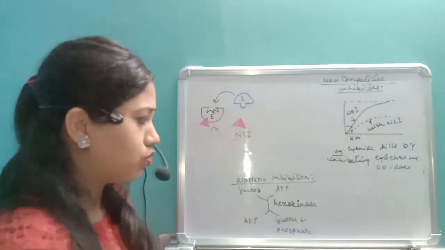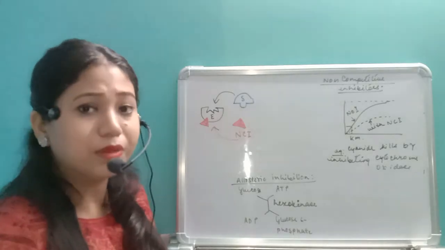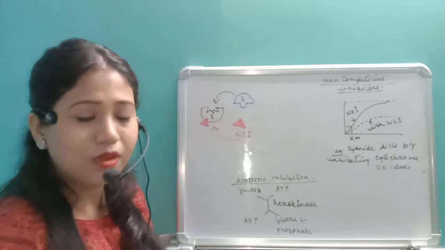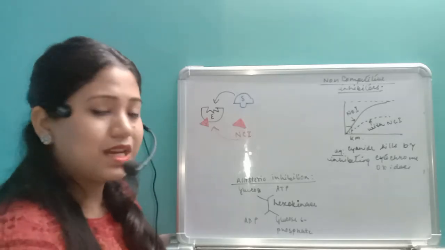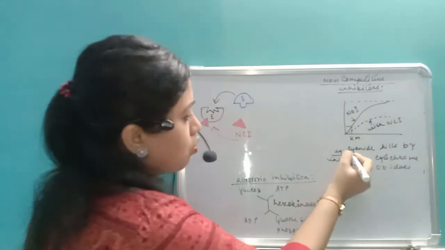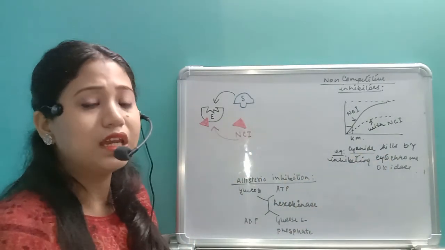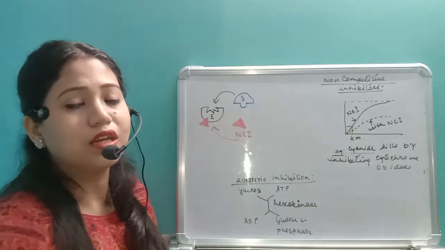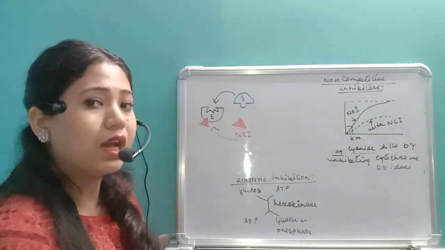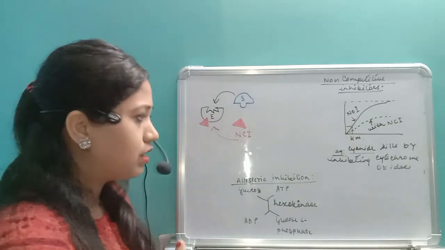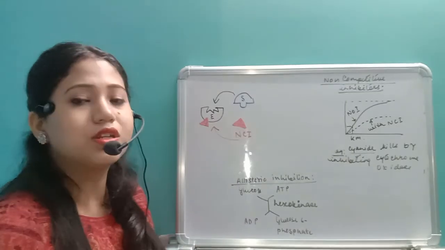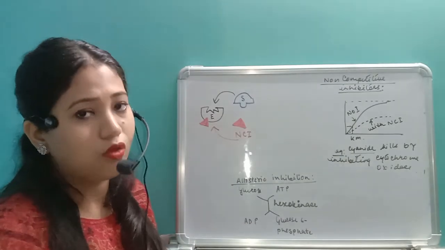In this ETS, we know how the cytochrome oxidase helps in the electron transport system. Now, there is a non-competitive inhibitor present called cyanide. If cyanide is present in our body, the ETS will be stopped immediately and the individual dies, because it completely blocks all the cytochrome oxidase. So that's why ETS reactions cannot occur.